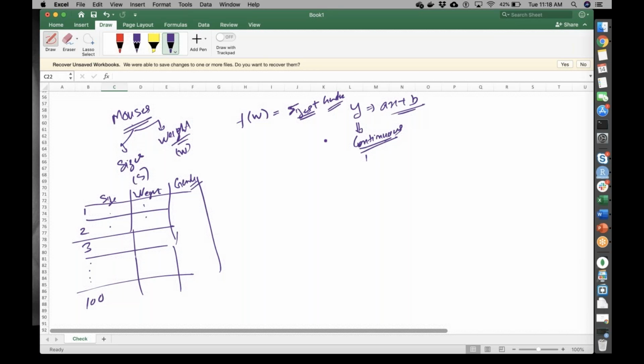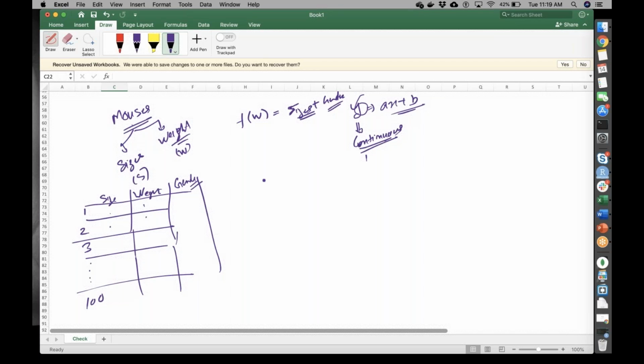What is the difference between regression and classification? Regression is one of the algorithms that falls under classification. You're classifying based on the y, using the regression method. So it's one of the methods that falls under classification.